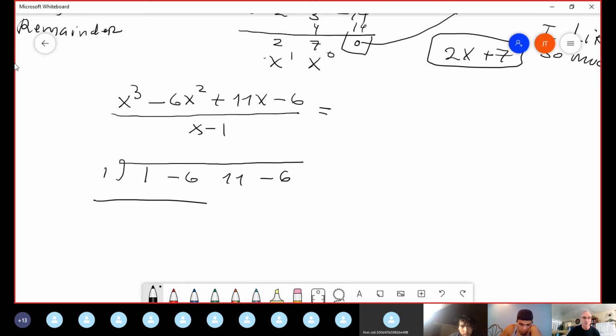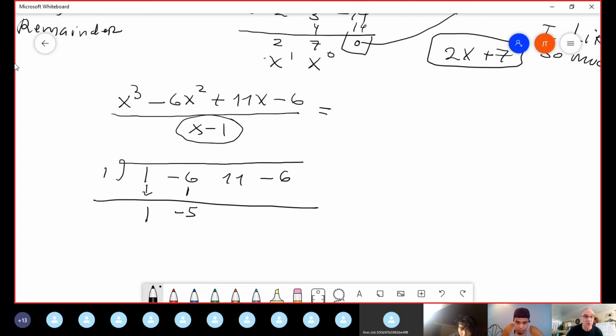Remember, opposite sign: in the binomial you see minus 1, so you put positive 1 here. Bring down 1 directly, without any operation. Multiplication: 1 times 1 is 1. And now the sum is negative 5. Then multiplication, negative 5 times 1.